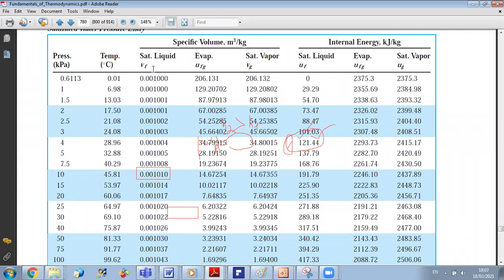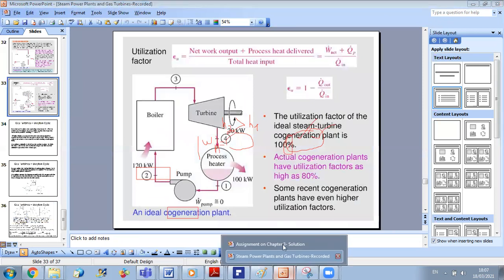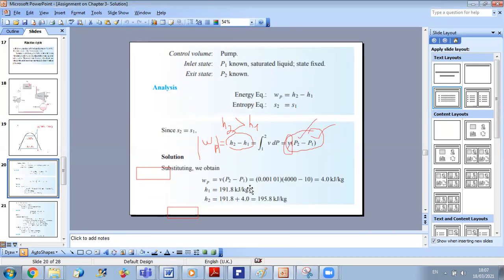To have a high change in V, the change in pressure should be significant. So this is why it's a good approximation to assume that the specific volume is constant. In this way, I can calculate WP, and from WP, I get the value of H2.